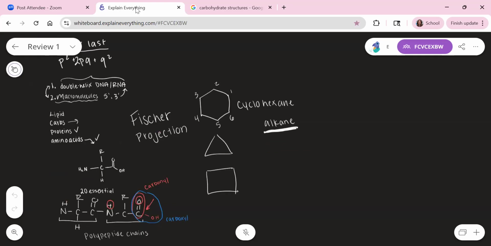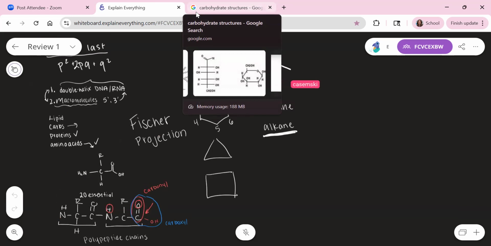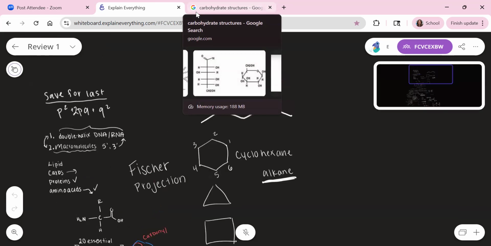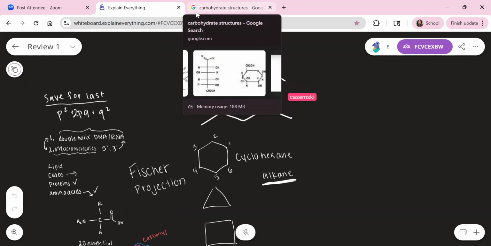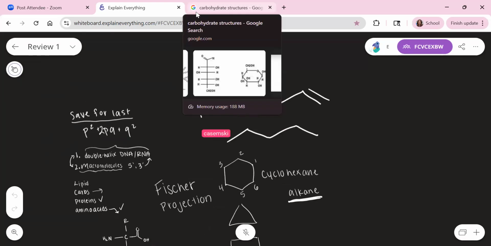Does that make sense? What's an alkane again? That's just single bonds like this. This would be an alkene, or it can literally just be like this, where I have 2 carbons right here with a double bond.